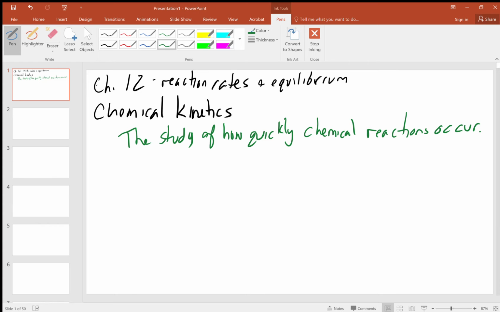And so we can talk about two different reactions here. Let's think of iron, any source of iron rusting. And then let's think of vinegar, which is an acid, reacting with baking soda, which is a base.